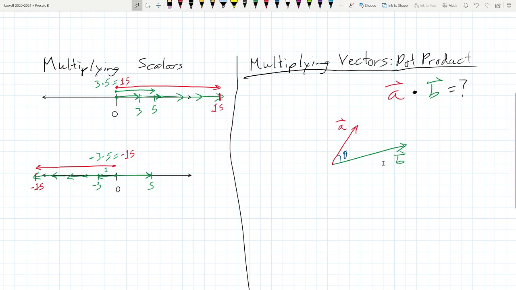Okay, so if we look at the scalar example, how we multiply scalars, one thing we noticed is that the 2 vectors, or the 2 numbers that we represent with these little arrows, are pointing along, or they're collinear.